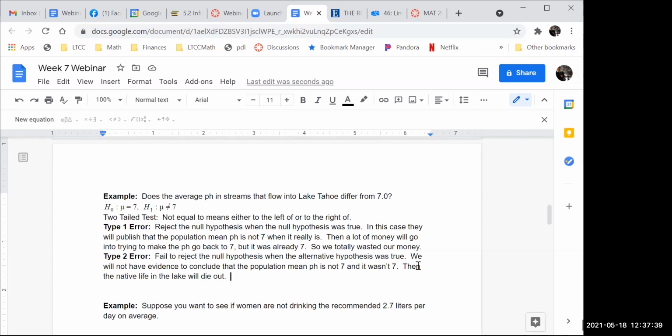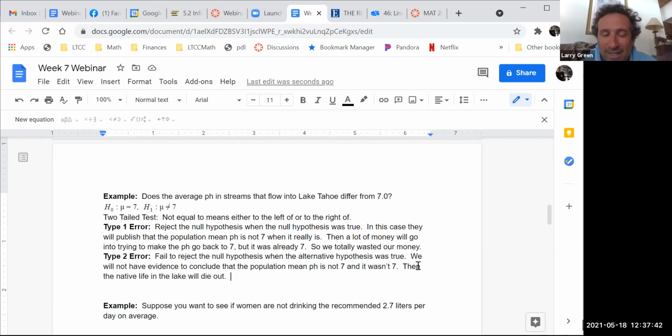Yeah, that's a terrible thing. Okay, we have an eco disaster. Any questions on a type 1 versus a type 2 error? All right, now if you look at these, you say, which is worse? Do you think the type 1 or the type 2 error is worse?